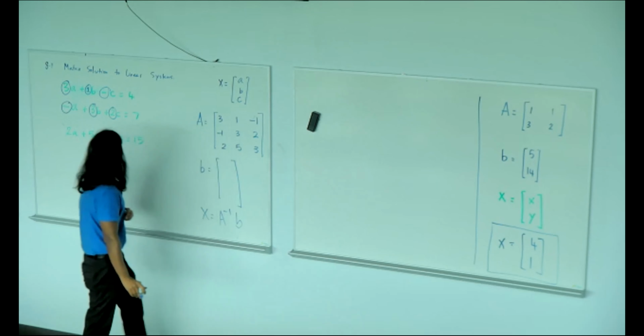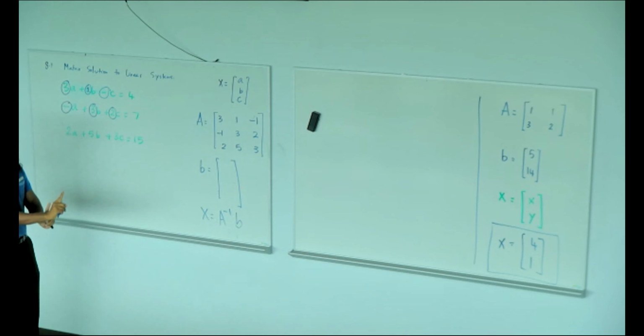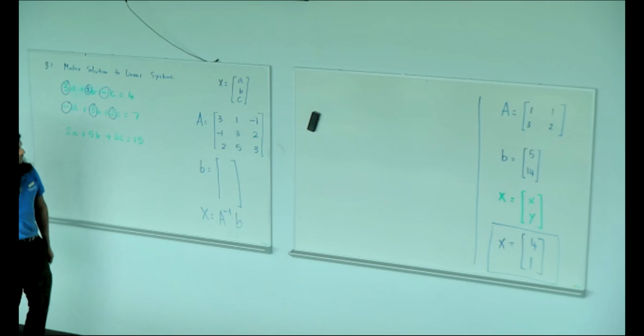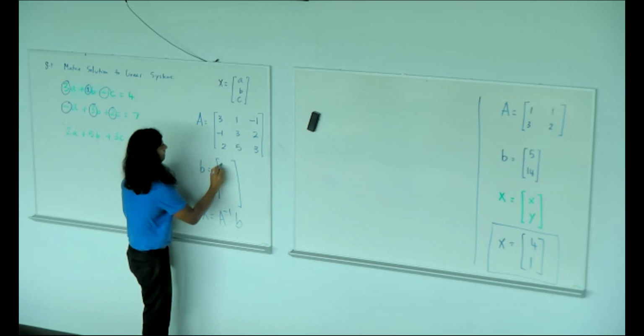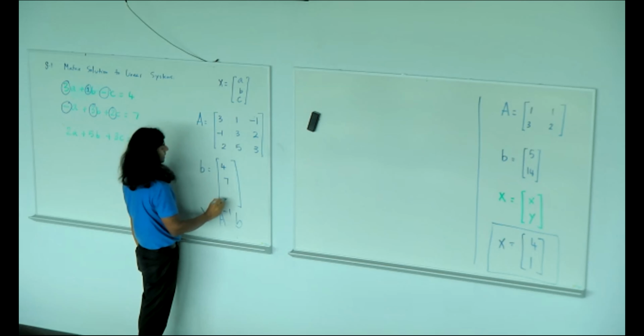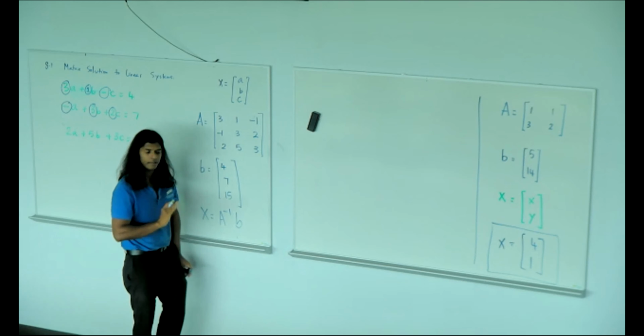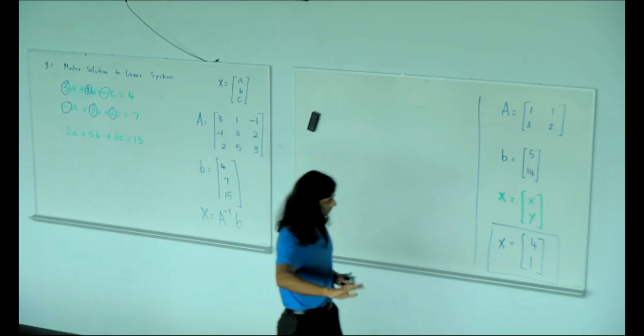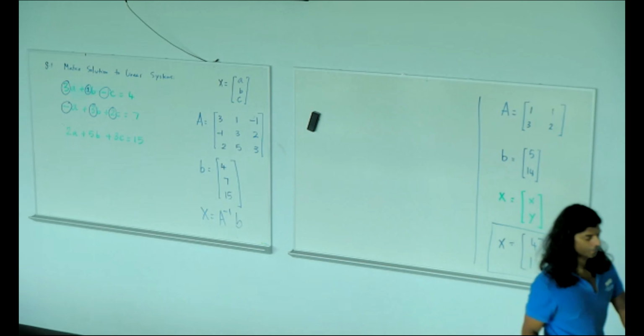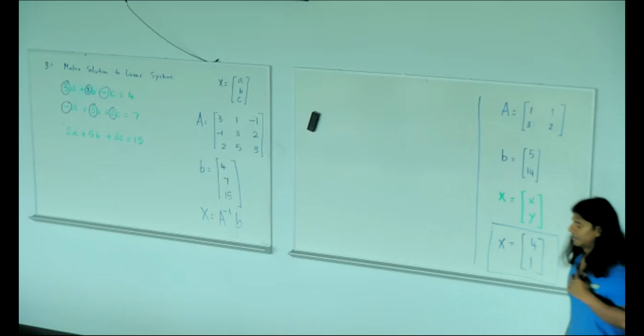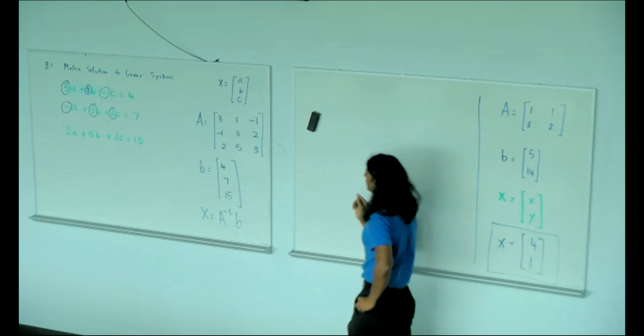The right side values would go in the vector B. So 4, 7, and 13.